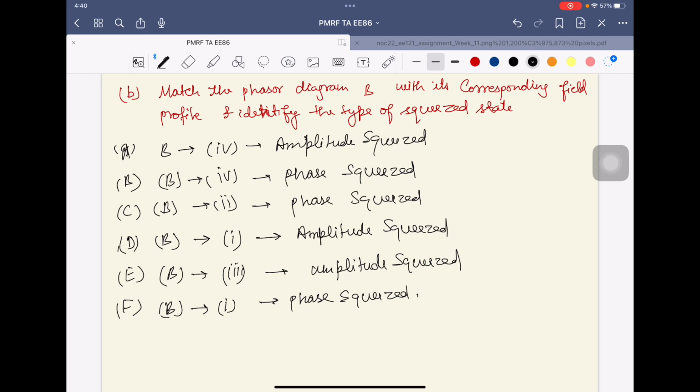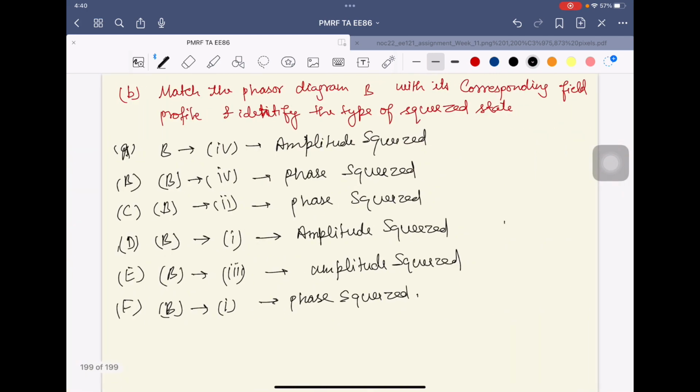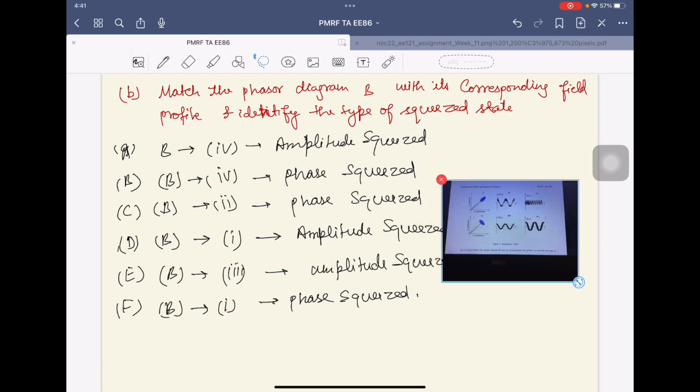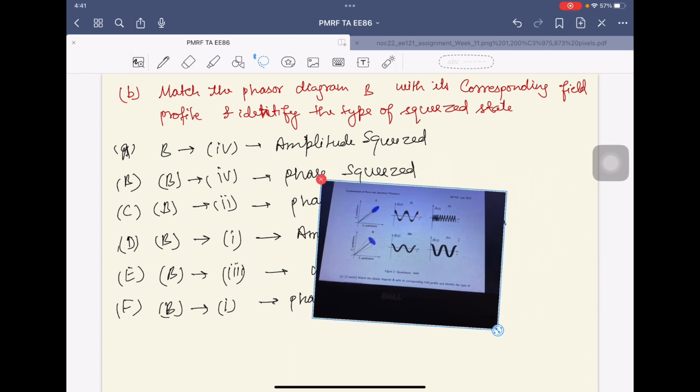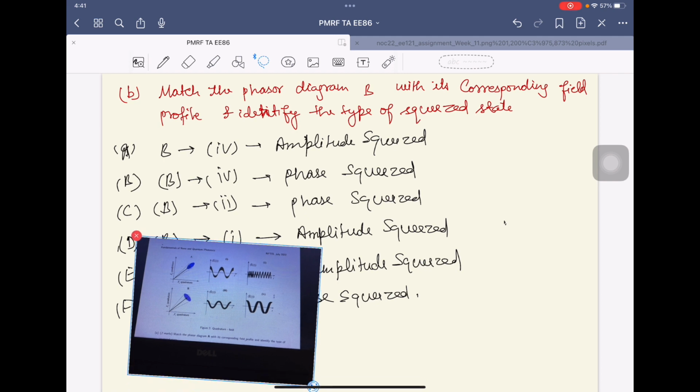So what will be the answer? The figure is the same. If you see, in this one it is elongated along x2, and here the type of squeezing is amplitude squeezed.